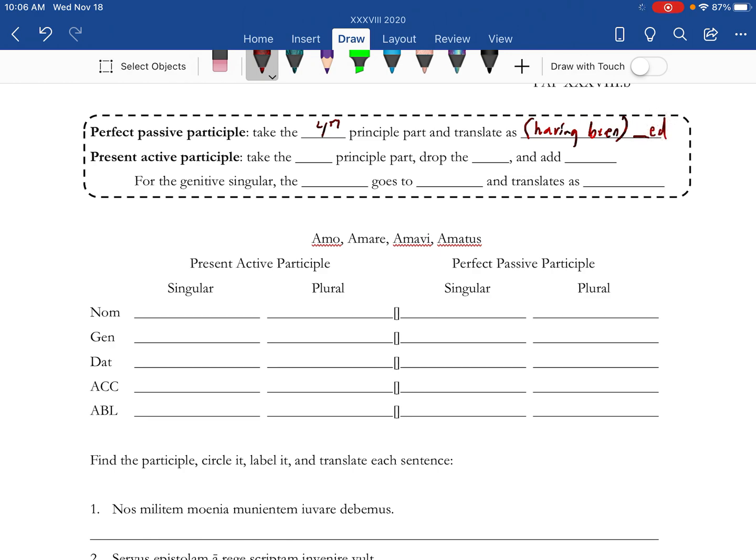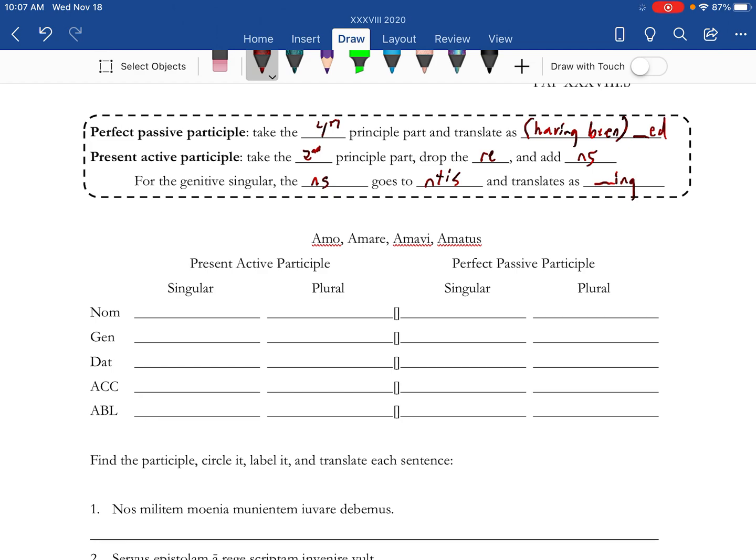For the present active participle, take the second principal part, drop the RE, add NS. For the genitive singular, that NS is actually going to go to an NTIS, and it translates as blanking.